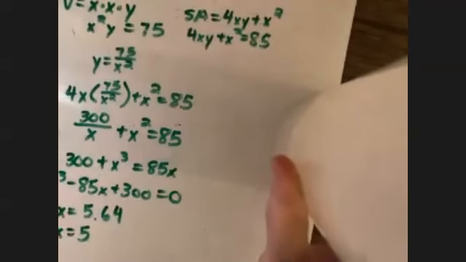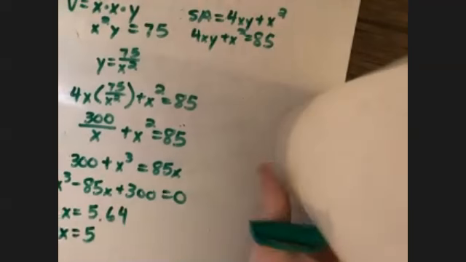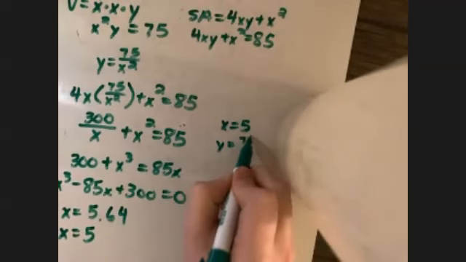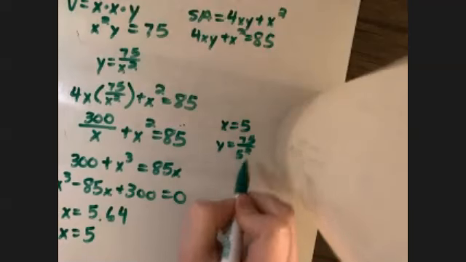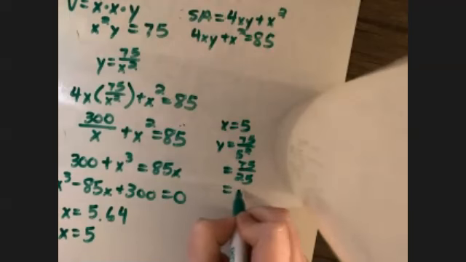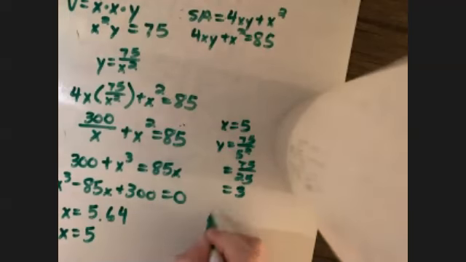Now, when we plug those back in, I'm going to go right back up here to that 75 over x squared. I'm going to start with the easy one. So if x is 5, y is 75 over 5 squared. It's going to be 75 over 25, which is going to be 3. So the box is 5 by 5 by 3.